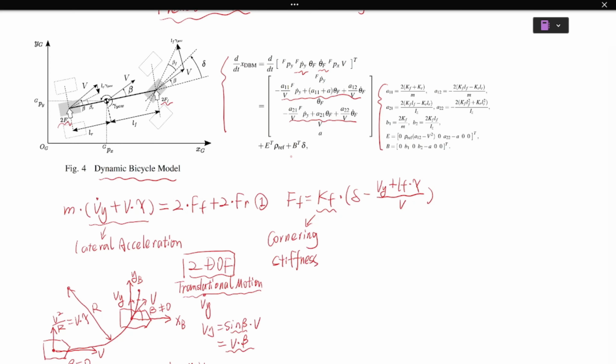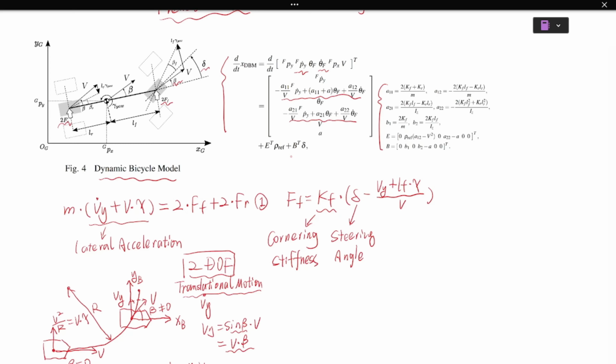And delta is steering wheel angle. Here, this angle is delta. And Vy over V. This is beta. Actually, this is the slip angle at the center of the vehicle.